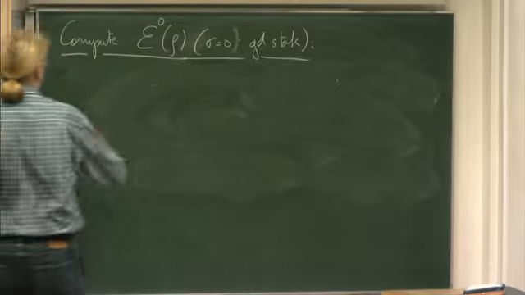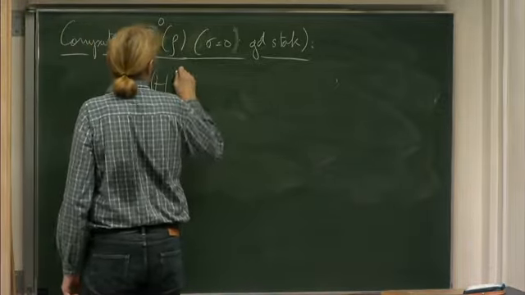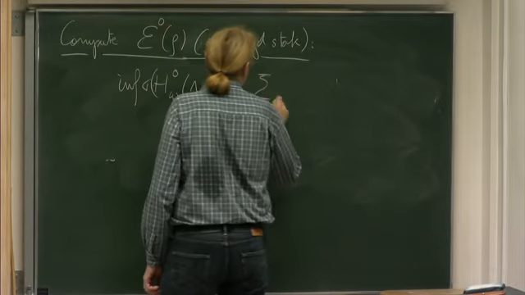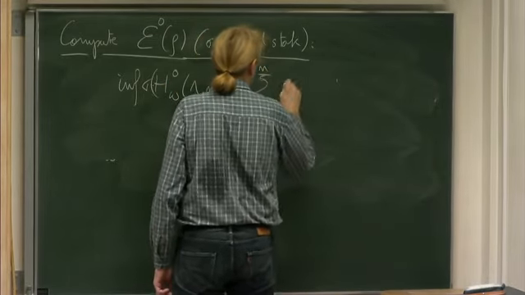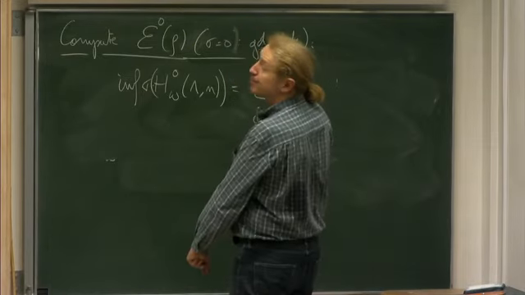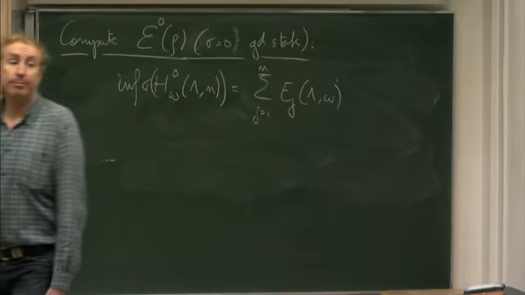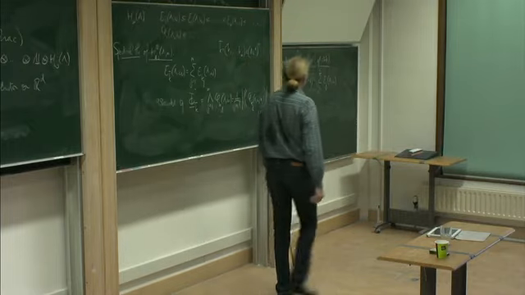The infimum of the spectrum of h_omega 0 lambda n is given by the sum for j equal 1 to n of E_j(lambda, omega). To get the smallest value, you have to take the n first ones.